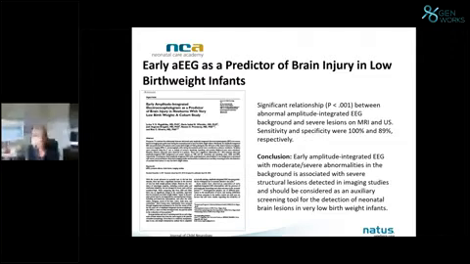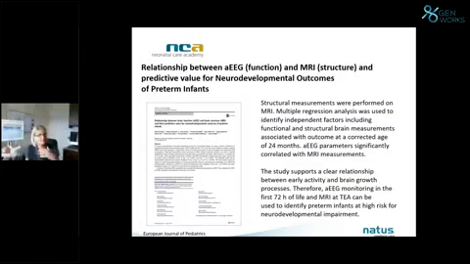This study looked nicely at the relationship between AEEG function and MRI structure, and I mentioned a little bit earlier that we should be looking at morphology or structure and function at the same time. So in this study, again, they supported a very clear relationship between early activity and brain growth processes.